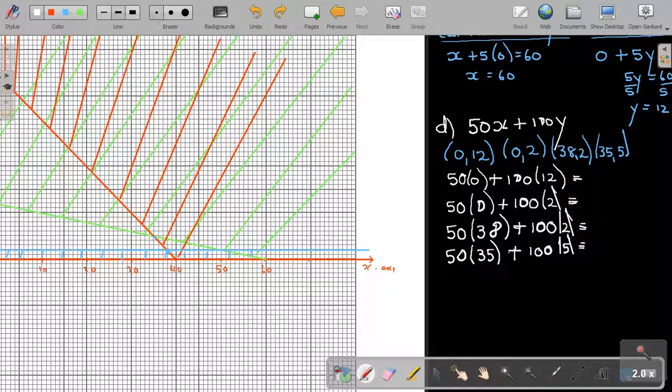Okay, and then I'm just going to work it out, and if I work all of them out, that one is easy, it's 1,200, and this one will just be 200, and this one will be 50 times 38 plus that 200, and that will be 2,100.